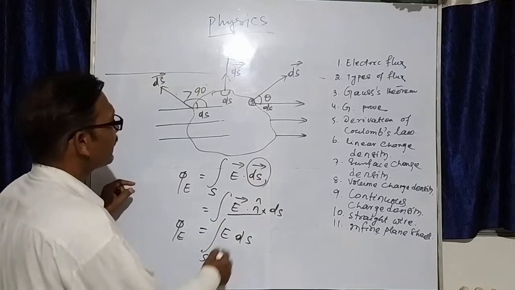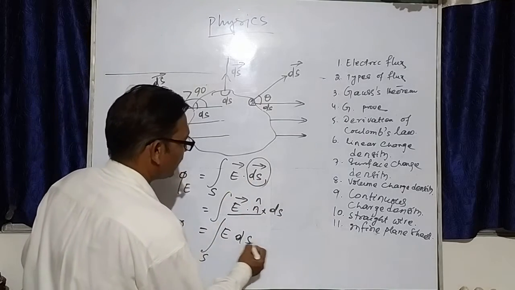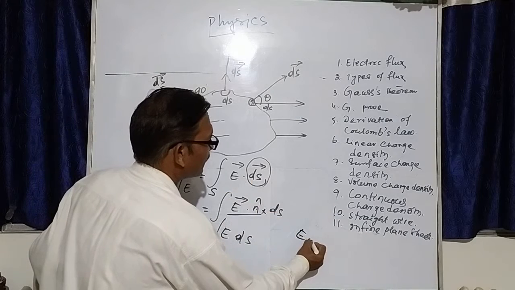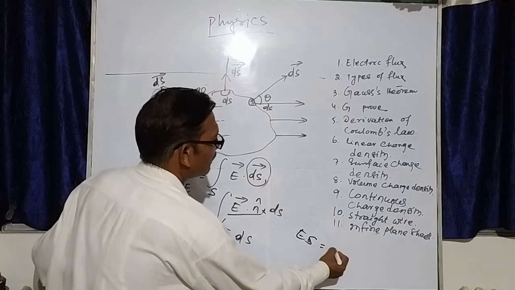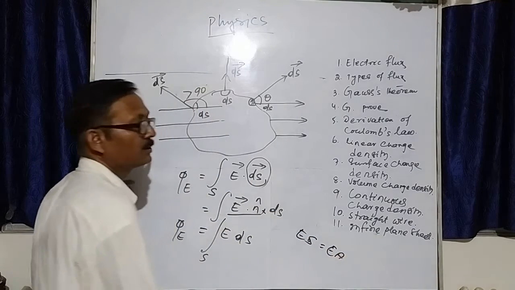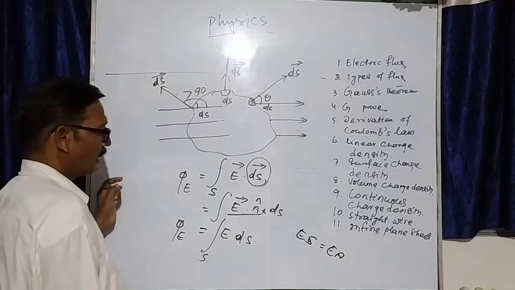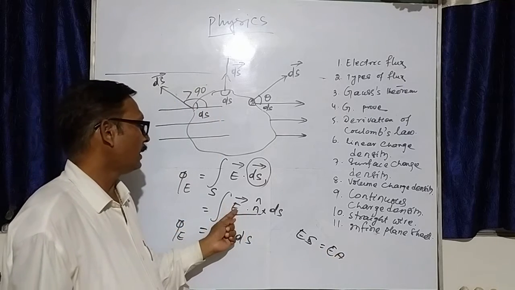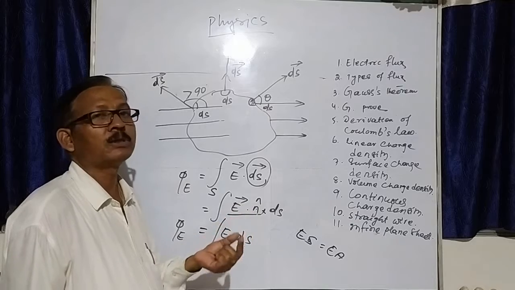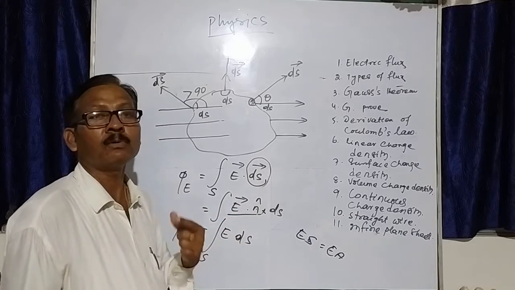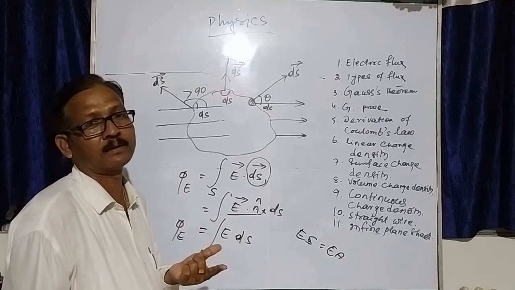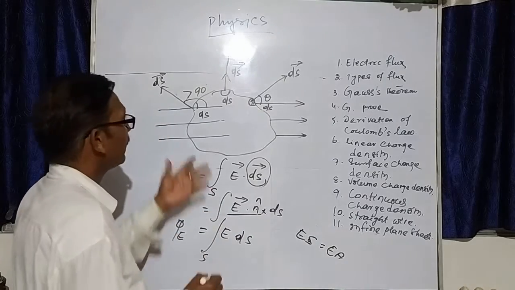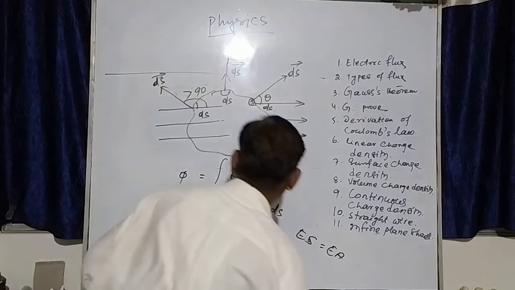If you take the total area, in place of ds you write E s or E a. This is your flux, and the angle between E and n cap is 0, so a dot b is cos 0, that is 1. Okay, any way you can define it.